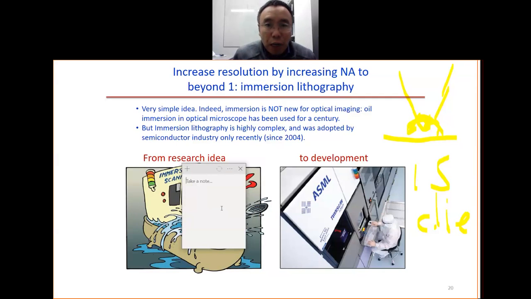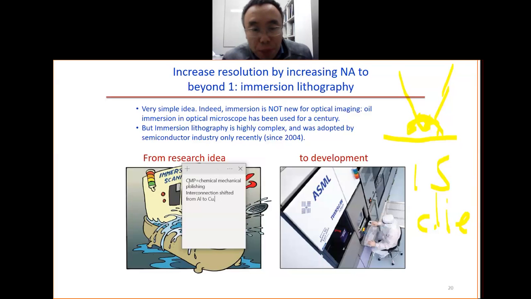Another similar technique is CMP, which is chemical mechanical polishing. I think you have learned CMP in the previous course, NE353. Because of the development of chemical mechanical polishing, the interconnection shifted from aluminum to copper.